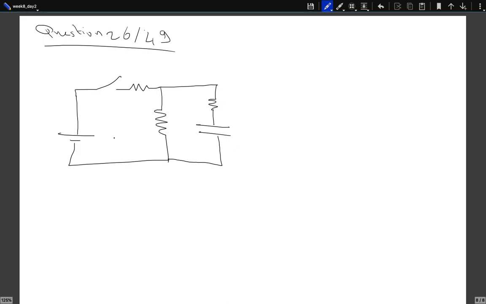And the currents are given as this is I1, this is I2, and this is I3. This is plus Q, this is minus Q, and all the resistors are equal. This is the circuit we have.